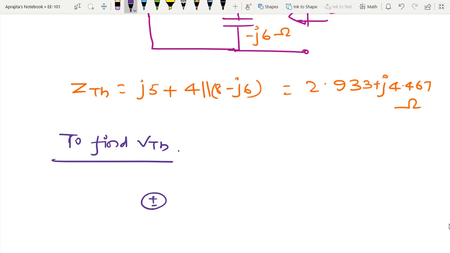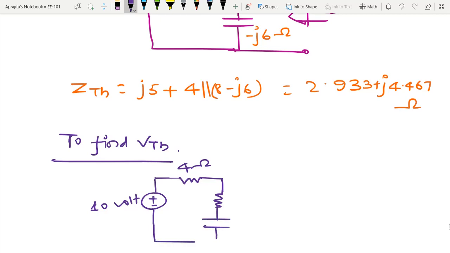So this is of 10 volt, and here I have a resistance of 4 ohm. Again I have another resistance, and after that I have one reactance here, and whatever voltage, so I have to open the ZL, and after that I have to record this voltage.